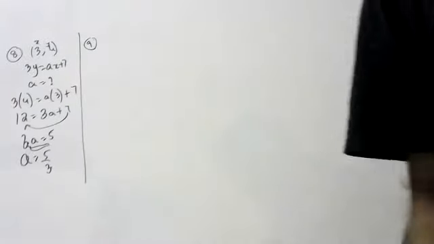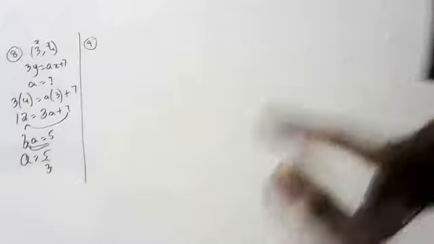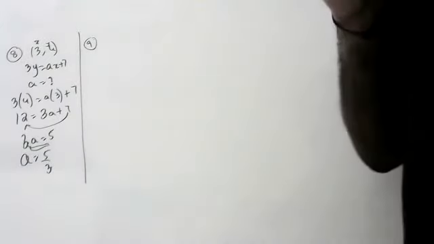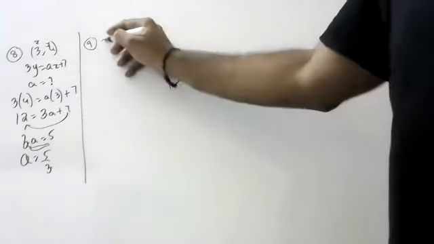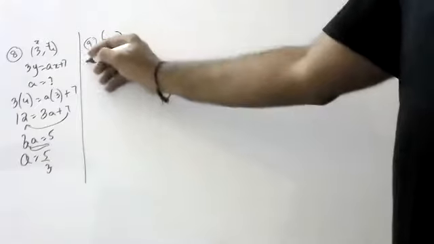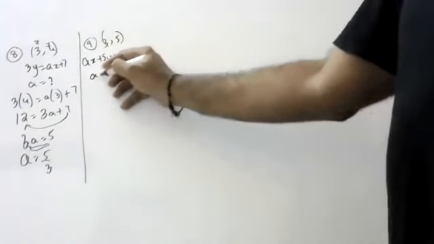Next. Vikram, are you there? Yes, sir. You have a chance next. 3 comma 5 is a solution of ax plus 5y is equal to 7. Find a.